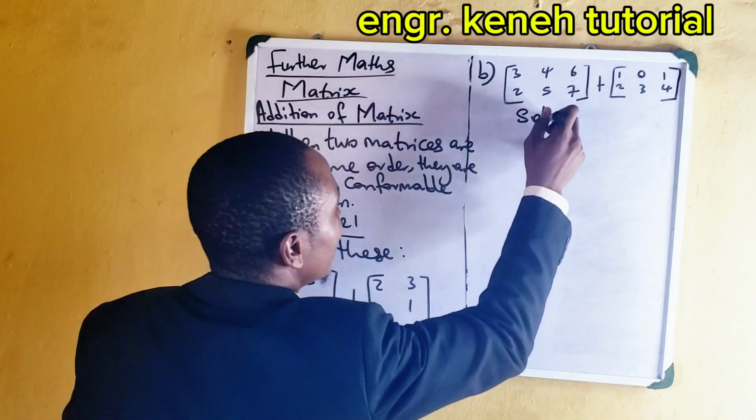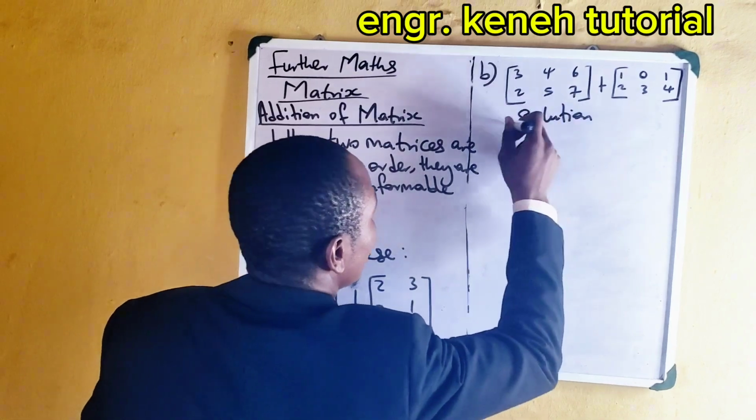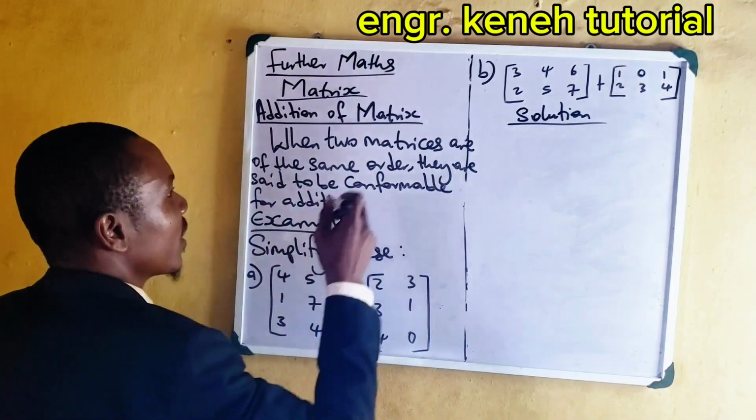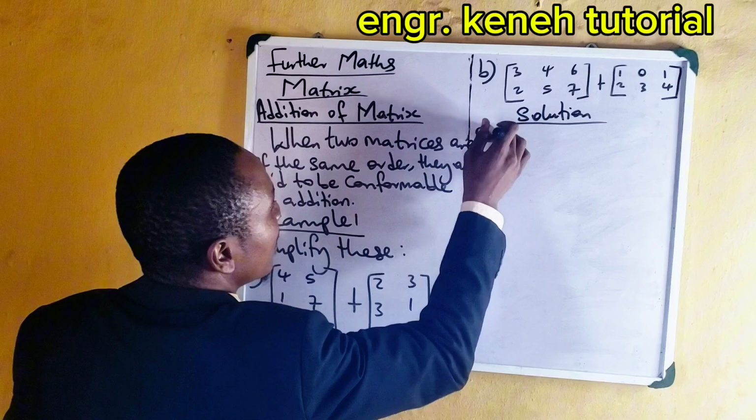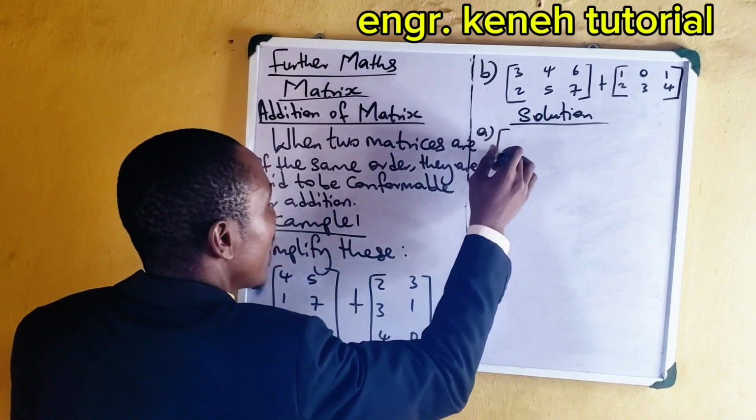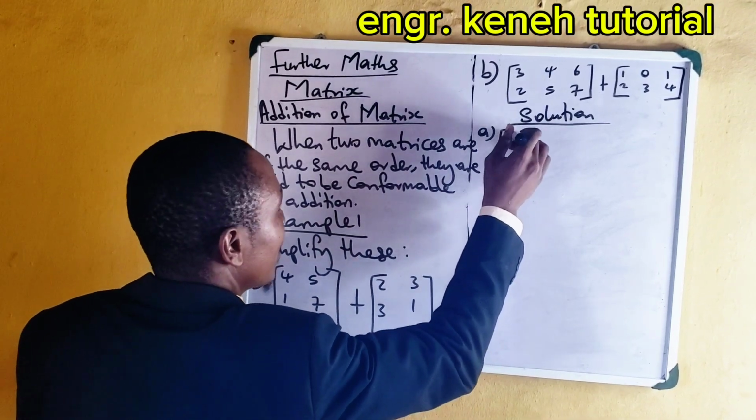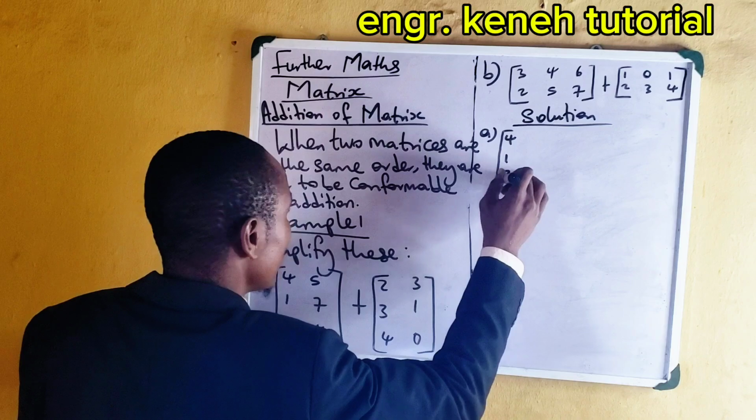We have the solution like this. How do we now solve this? So we have number A says you should add this. Let me bring down what we have here. We have like this.